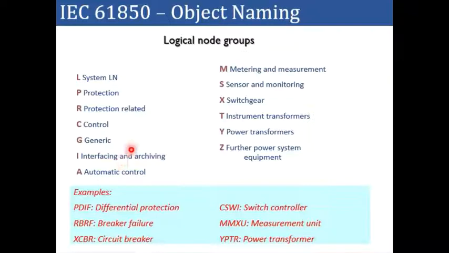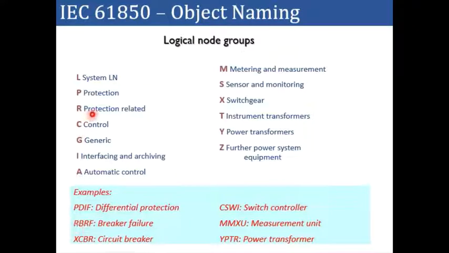If you see examples related to logical nodes, PDIF tells you that this object belongs to differential protection. The first letter P talks about protection, and DIF is nothing but differential protection. Next is RBRF.